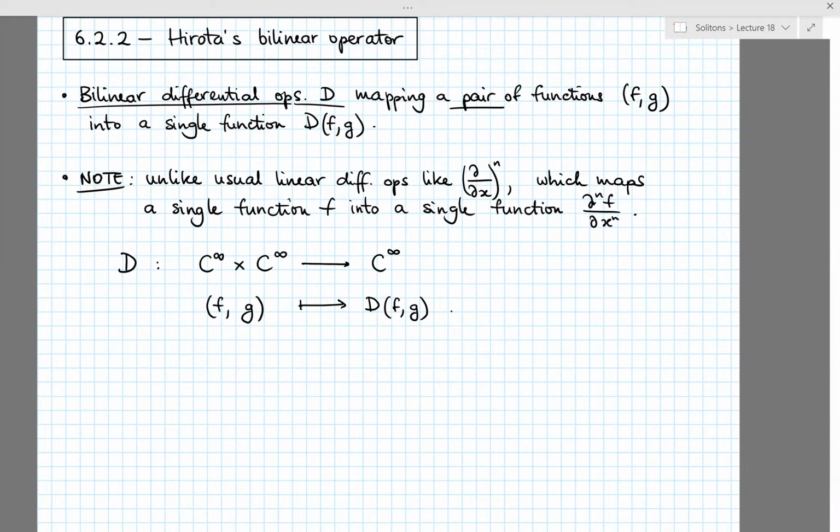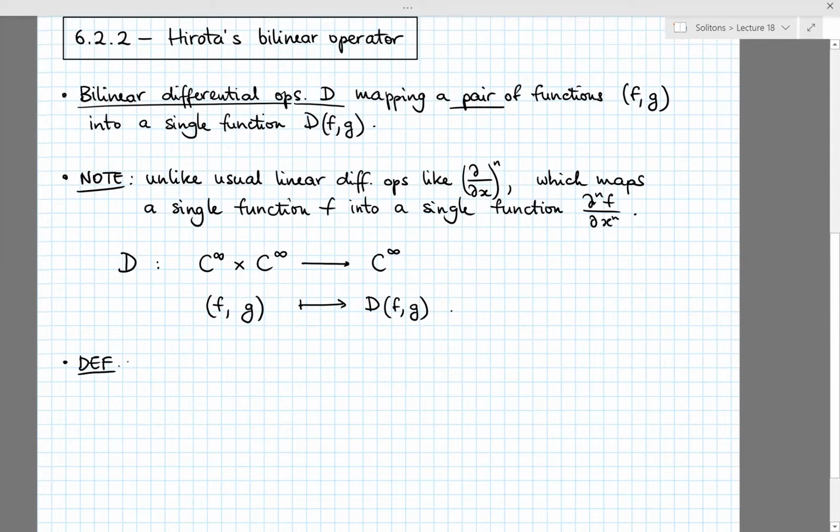All right, how do we define these bilinear differential operators? Well, let's define an infinite class of those, and then we'll use a particular linear combination.